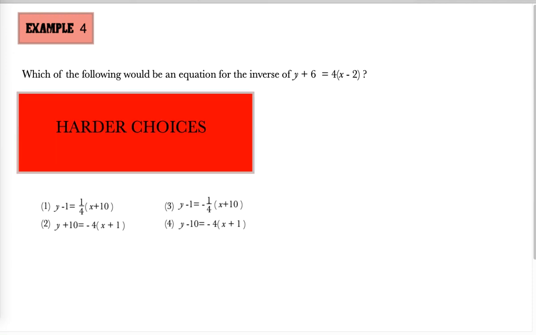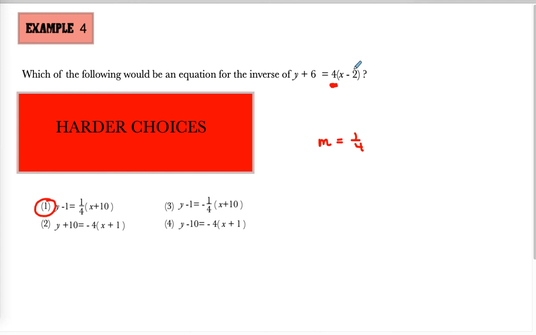All right, then we still want to understand that if we're multiplying by 4, the slope of an inverse would be positive 1/4. And the only one here that has a positive 1/4 is number 1.